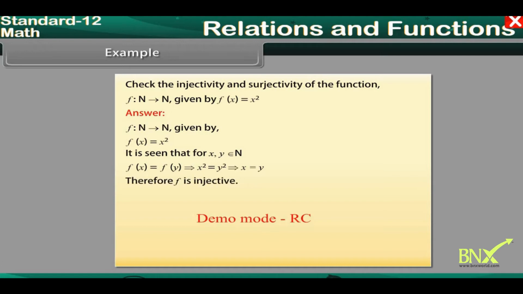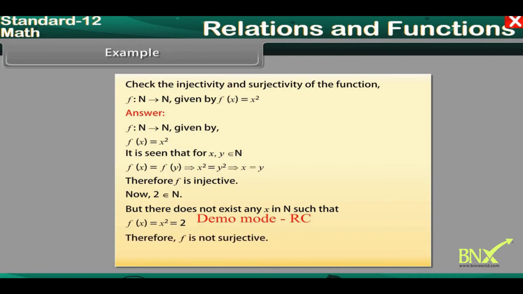Therefore, f is injective. Now 2 belongs to N. But there does not exist any x in N such that f(x) = x square = 2. Therefore, f is not surjective. Hence, function f is injective but not surjective.